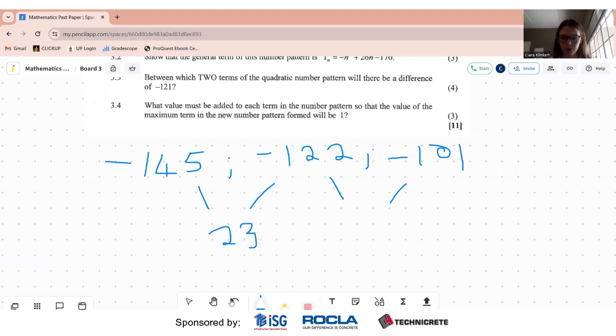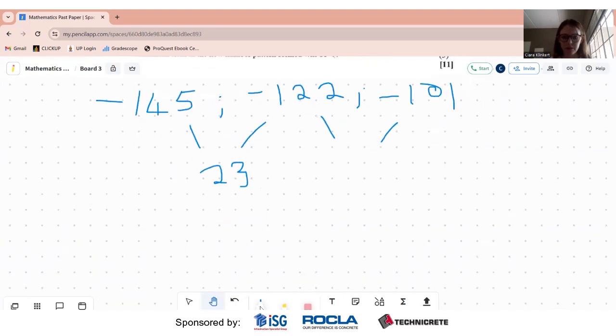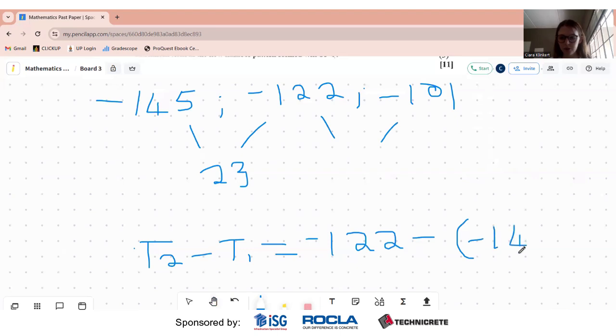You might be thinking, what on earth am I doing? Well, remember, to calculate the first difference, you need to say T2 minus T1, okay? T2 is negative 122, minus T1, which is negative 145. So you need to type this entire thing into your calculator just like that, with the brackets between the minuses or negatives there. Otherwise, you're going to get an incorrect answer.